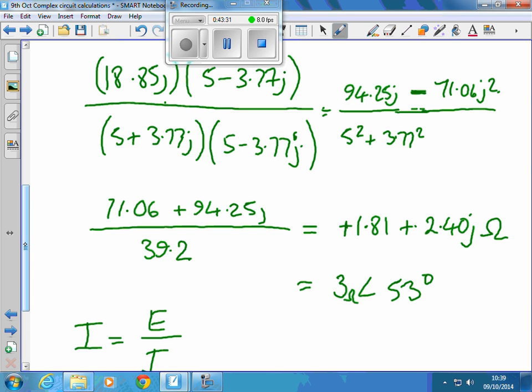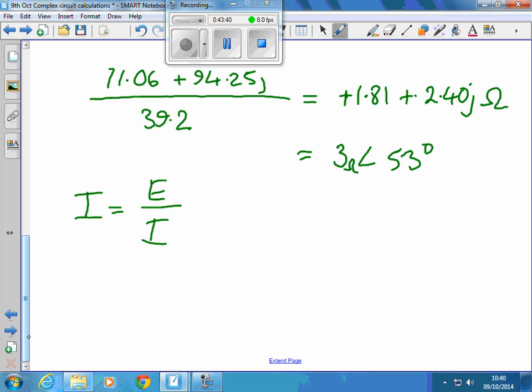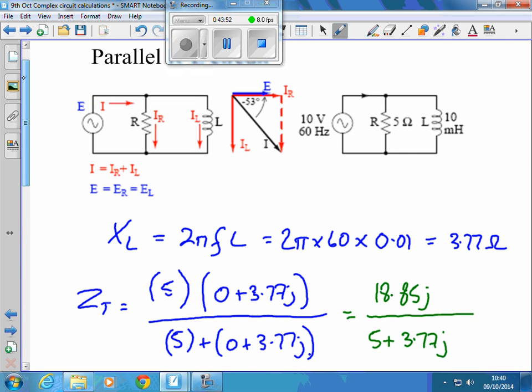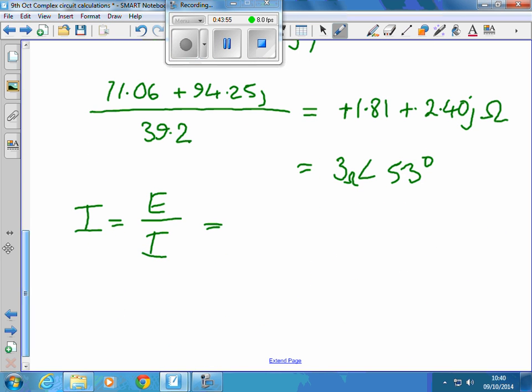Just see how much getting one positive or negative sign wrong can mean you get the answer totally wrong. So where are we going here then with this voltage? What is the voltage in polar form for this circuit? 10 volts, no angle, so it's 10 angle 0 degrees. And I can't even get Ohm's law right today.